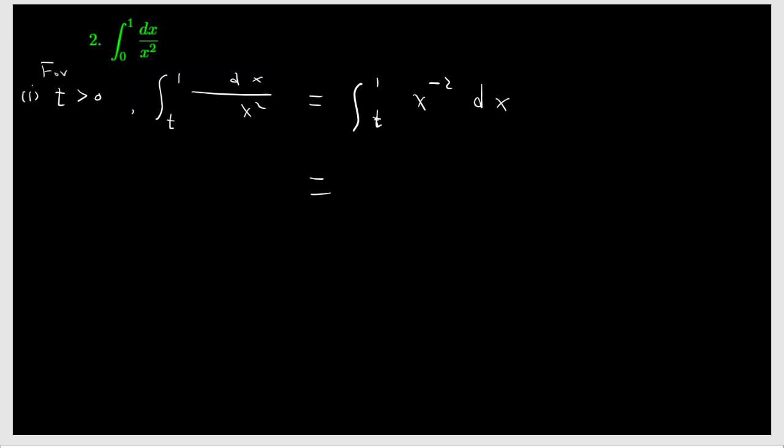Okay, now the antiderivative of x to the power of -2, you'll have negative x to the power of -1, and then you evaluate the antiderivative from t to 1, right?